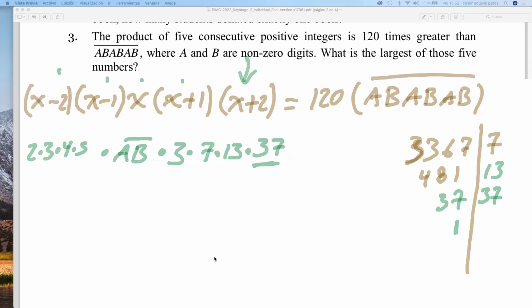For example, if this is 37, I'm still working with the solution.